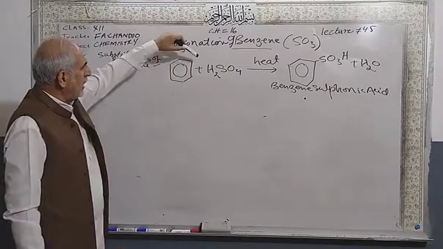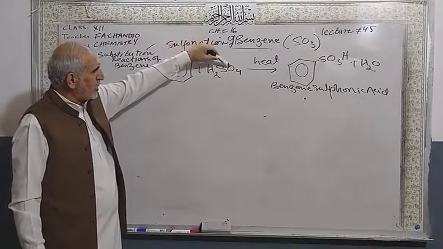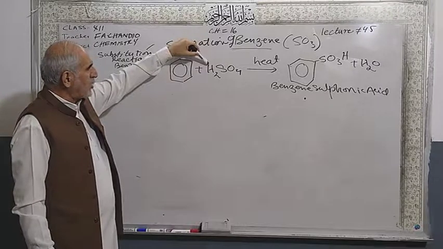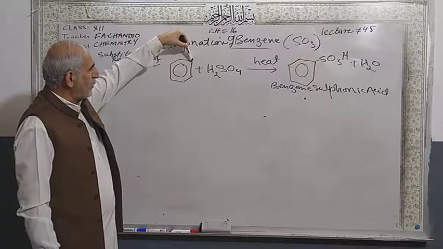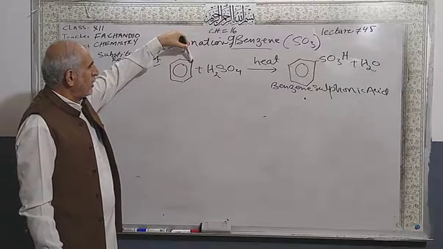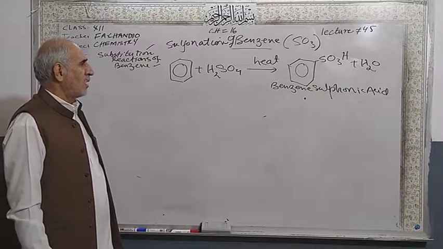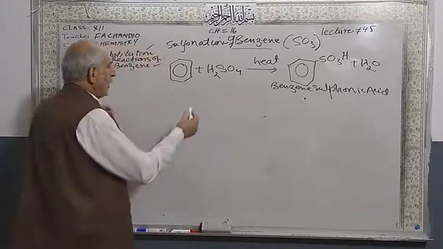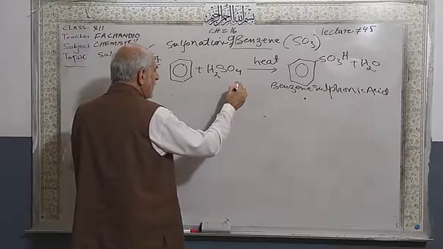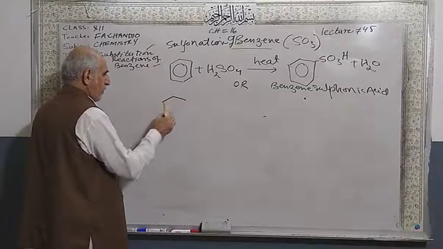Dear students, OH is removed from the sulfuric acid, and one hydrogen is substituted on the benzene by the sulfonate group to give SO3H. This is benzene sulfonic acid, or you can write this chemical reaction in one step in this form also.